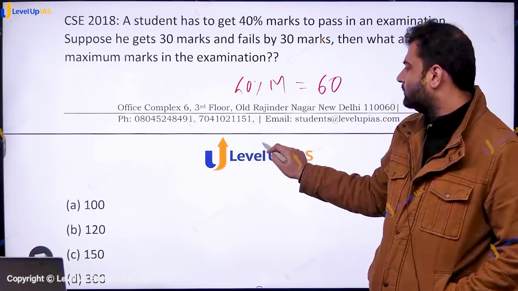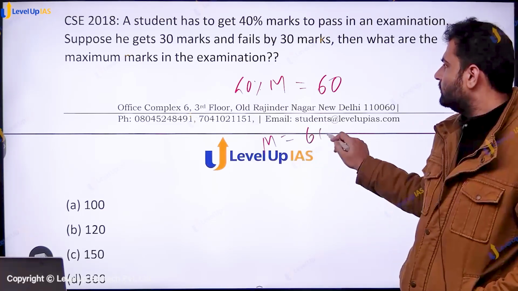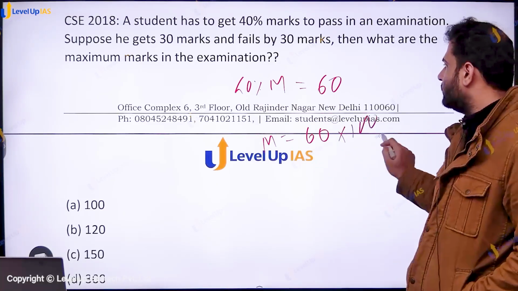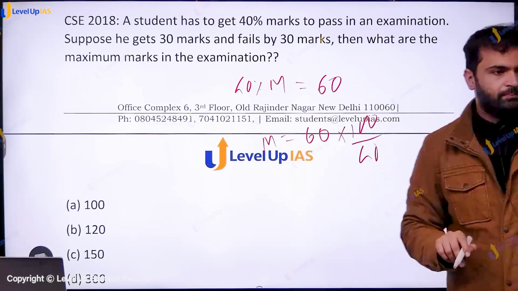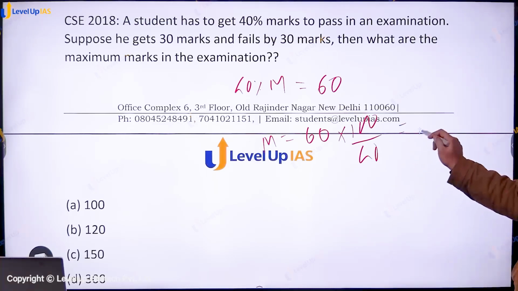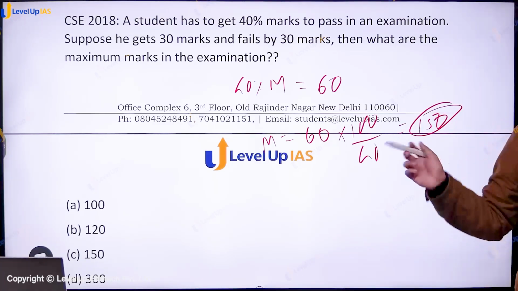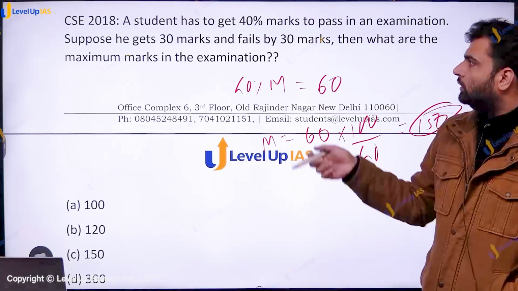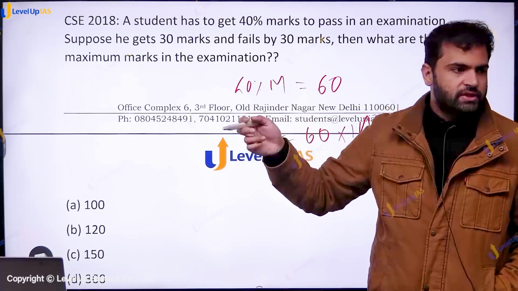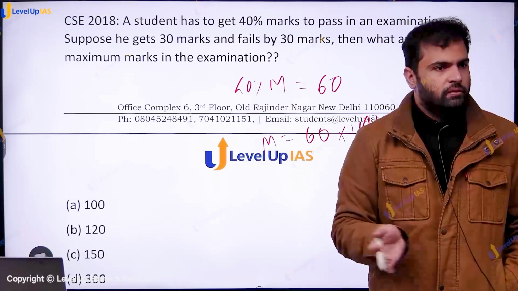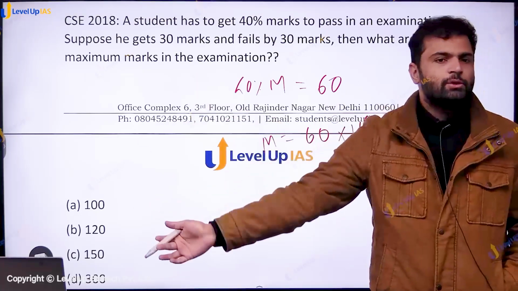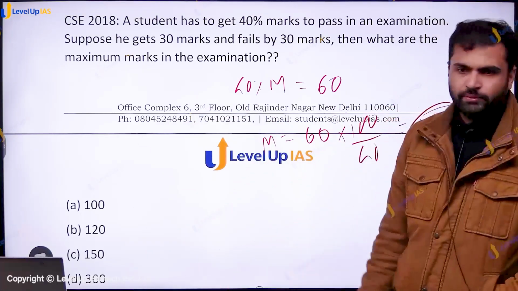Maximum marks would be 60 into 100 by 40, which will be 150. ठीक है? Or you can say 40% is 60, so 10% is 15, so 100% is into 10, so 150.